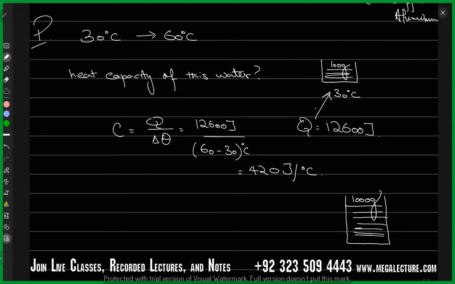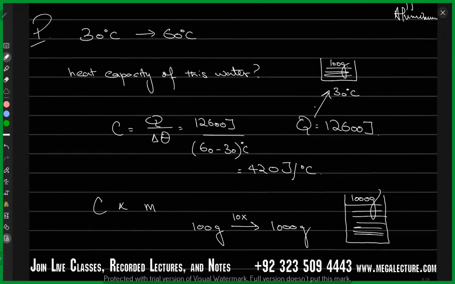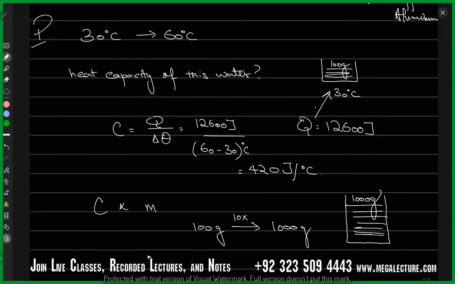Because heat capacity is proportional to the mass, I can use ratios. If the mass has increased by 10 times, which is what happened, from 100 grams to 1,000 grams, then if I multiply my mass by 10, I'm multiplying my heat capacity by 10 as well.